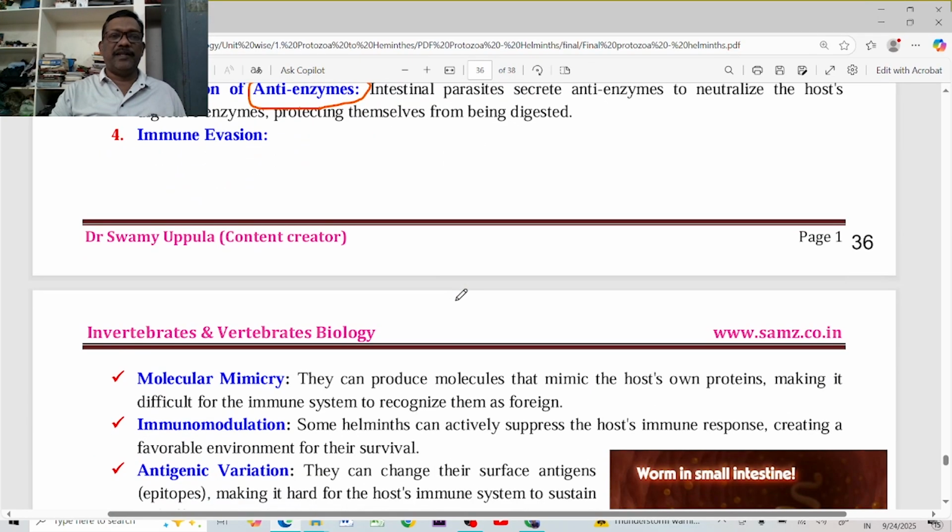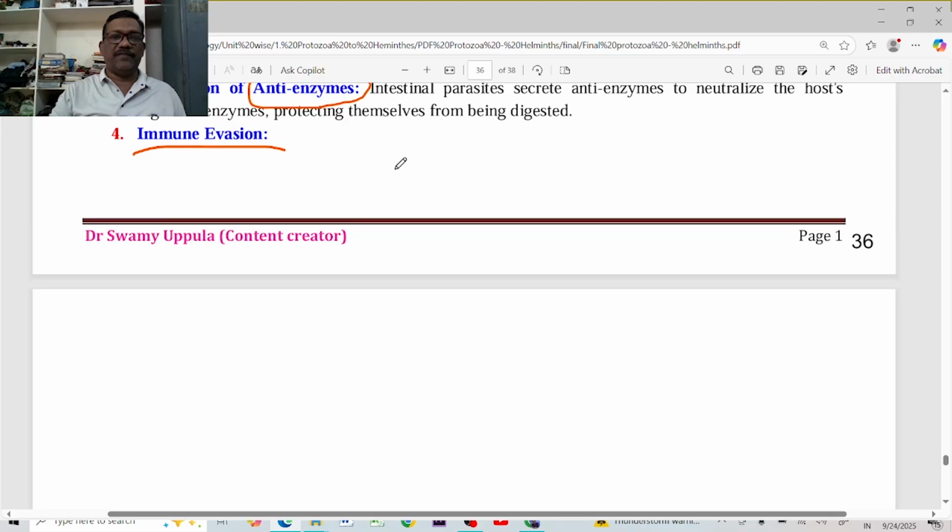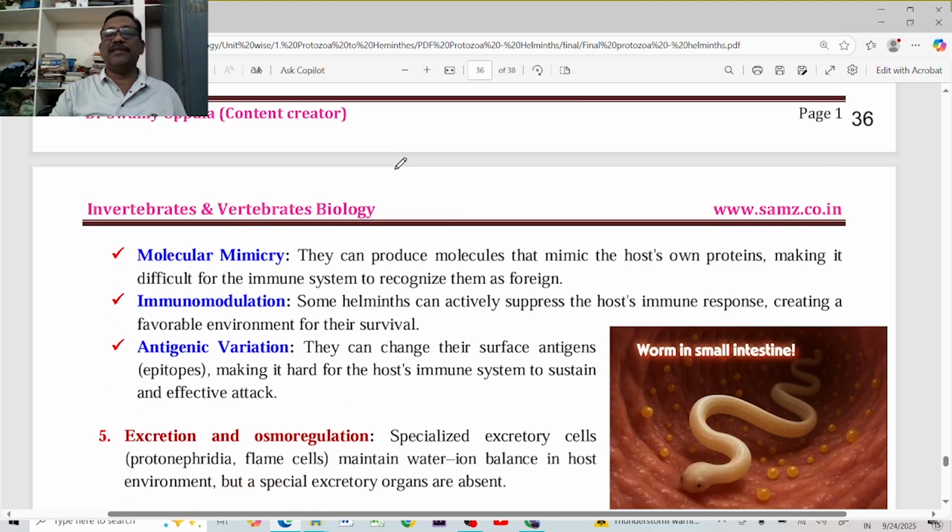Another important adaptation is immune evasion. The parasites can prevent the immune action of the host. One is molecular mimicry. The proteins produced by these platyhelminthes and nematohelminthes can exhibit mimicry.